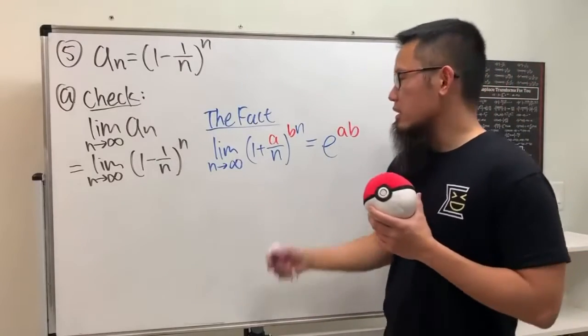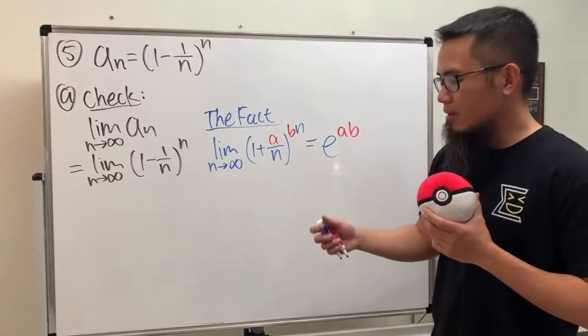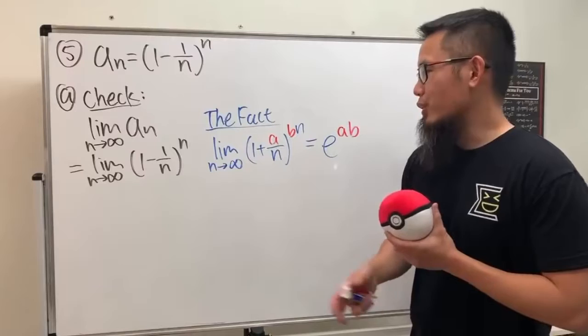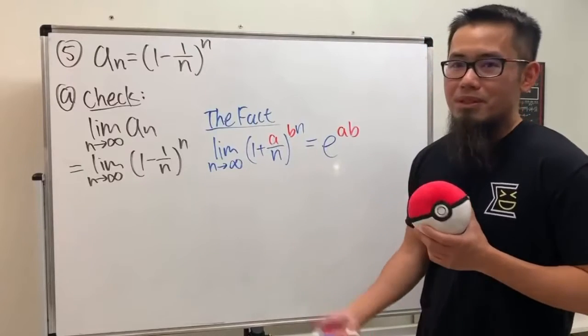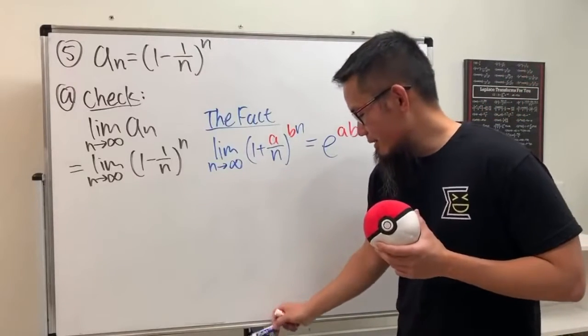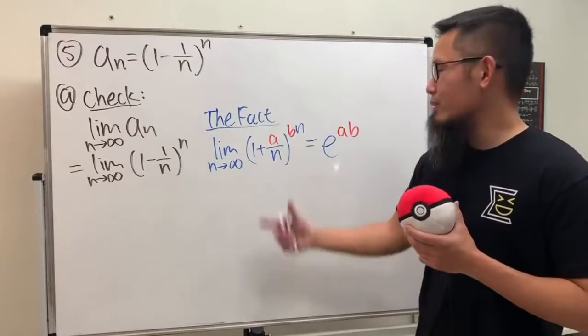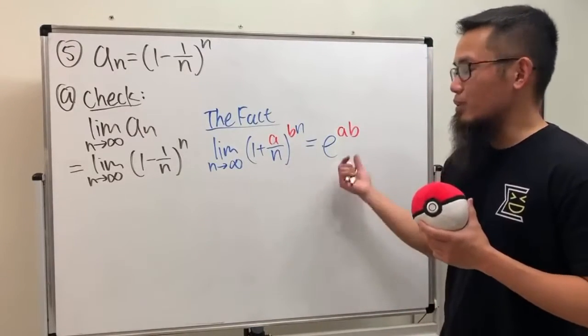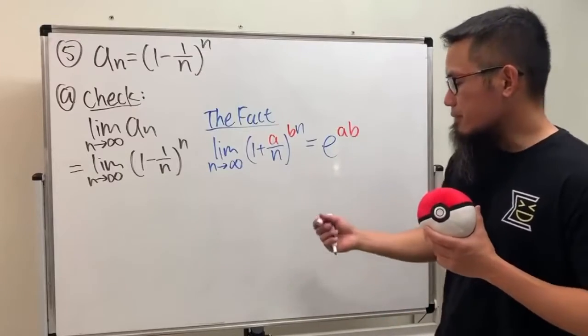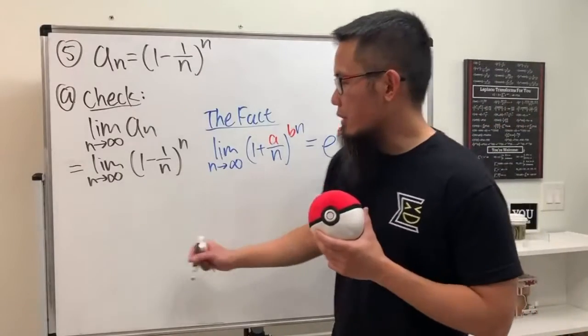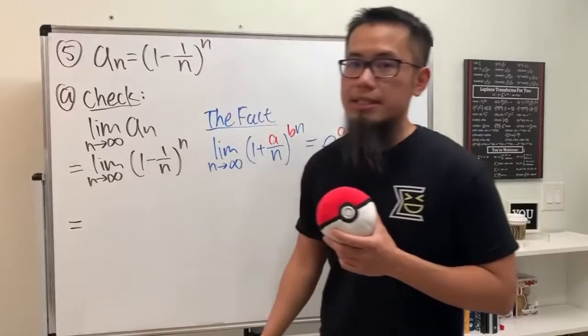And for my class, I tell my students this so you can use it without showing any other things because it's convenient. And I also make them do the proof of this so they know how this is true. And then after that, we'll just use this as a formula, right?